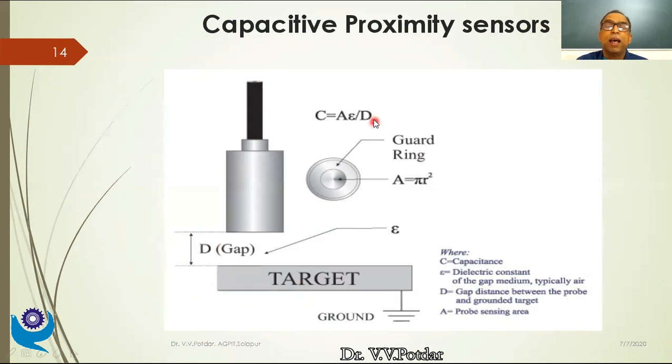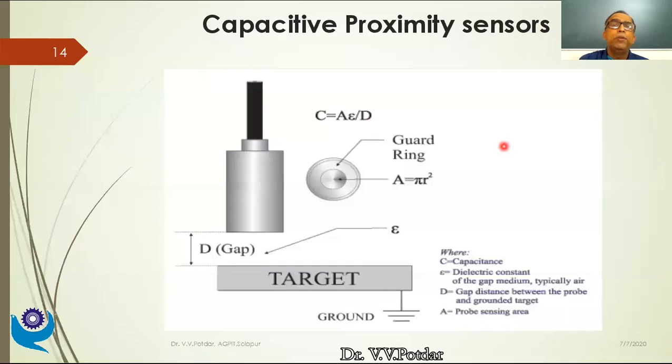So D is changing; as the distance is reduced, capacitance would increase, and the potential drop across the balancing circuit of this capacitive proximity sensor would change. The change in potential drop is because of the capacitance change, which is because of the distance or gap change, which is because of some obstruction or object coming in the path of my capacitance. So this is how this proximity sensor works.